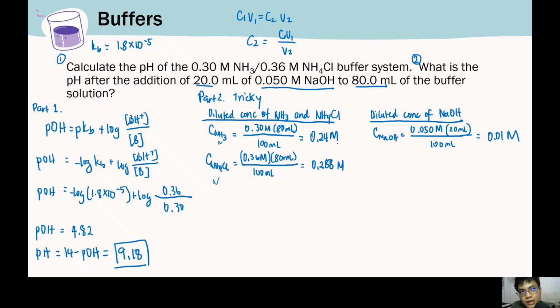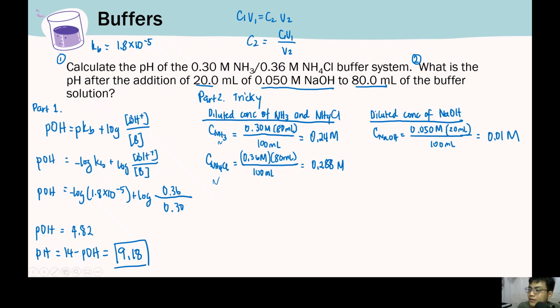But how about the conjugate acid, yung ammonium chloride? Will the conjugate acid have a reaction with the sodium hydroxide? Yes, kasi acid yun eh. Even though it is a conjugate acid, it is still an acid. So, ibig sabihin, there will be a reaction sa kanila.